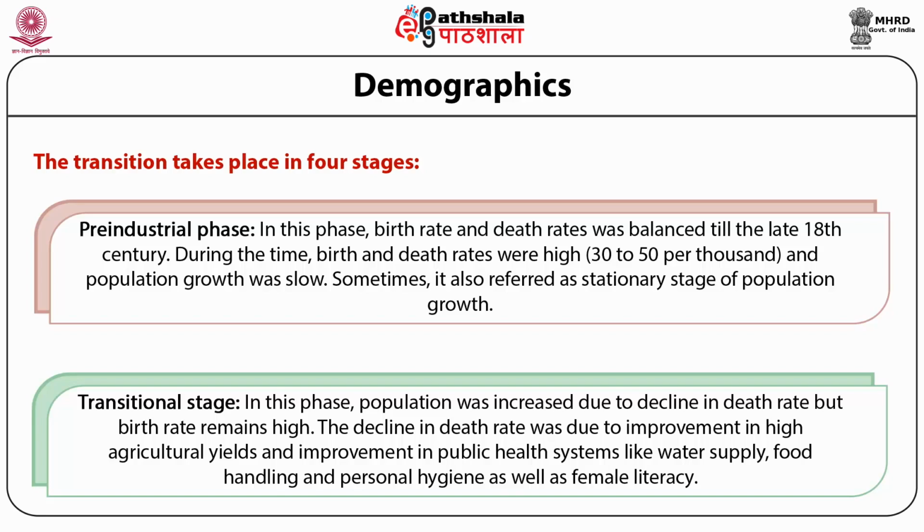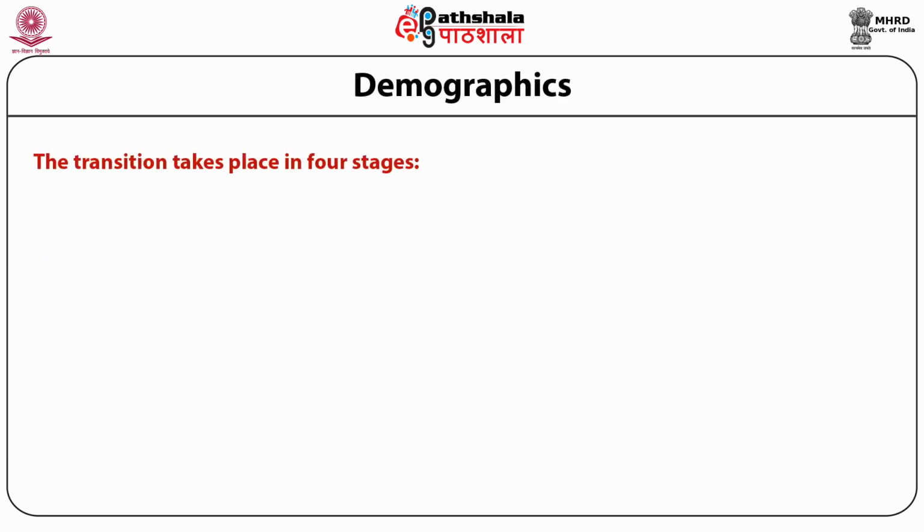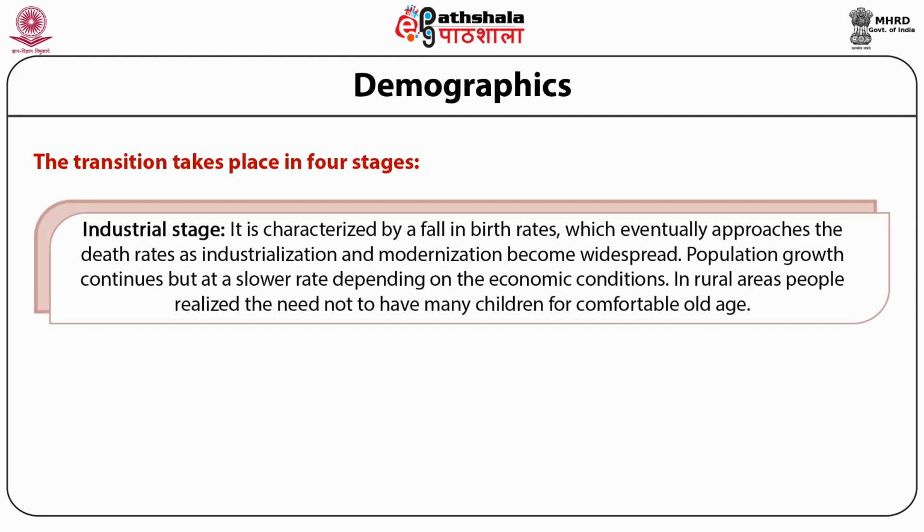The decline in death rate resulted in increased survival of children, and the age structure of the population becomes expanding type. The third stage is the industrial stage.